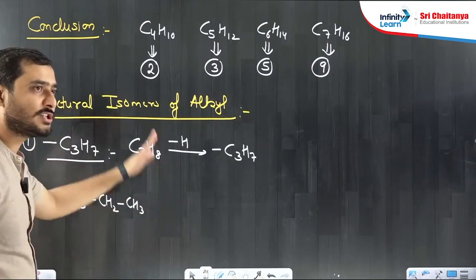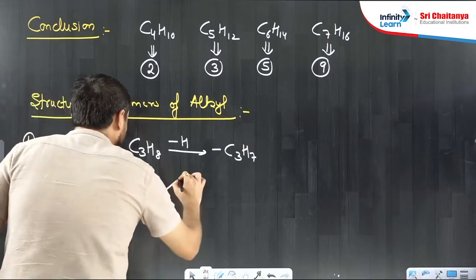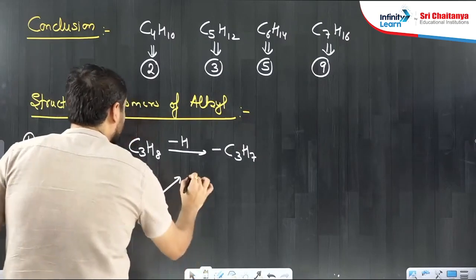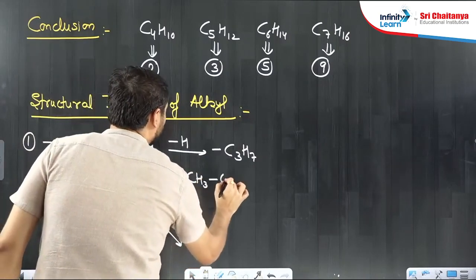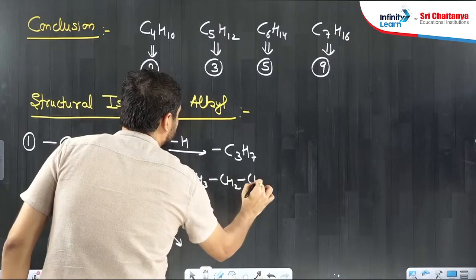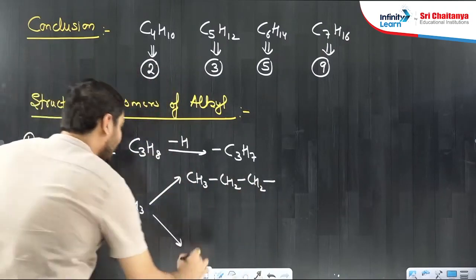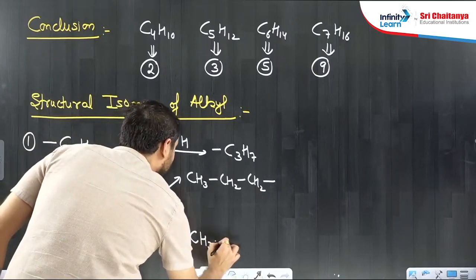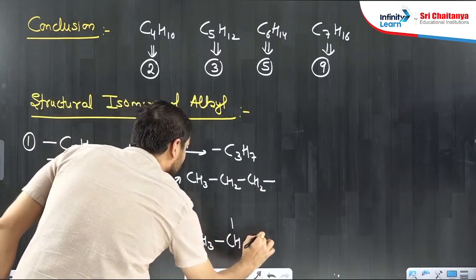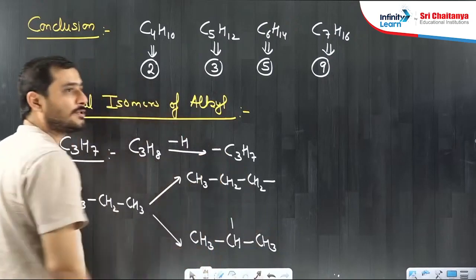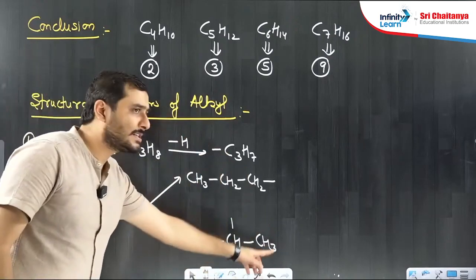CH3, CH2, CH3. Now if hydrogen is removed from last carbon, that is from first carbon, so this compound is formed, this alkyl group. And if we remove hydrogen from second one, so this is formed, CH3, CH, CH3.